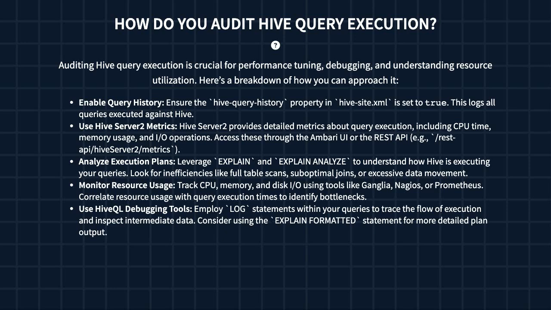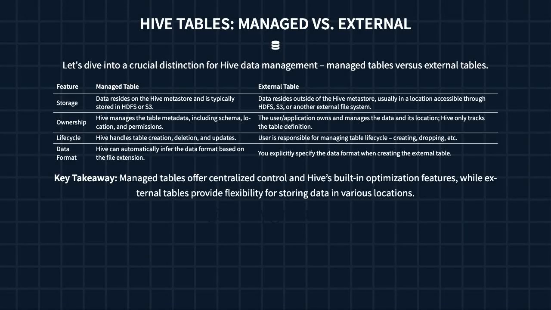Okay, let's talk about a really important difference when working with Hive: managed versus external tables. Think of it like this: managed tables are handled entirely by Hive. It keeps track of where the data is stored, makes sure everyone has the right permissions, and even handles things like creating and deleting the table for you. External tables, on the other hand, give you more control.